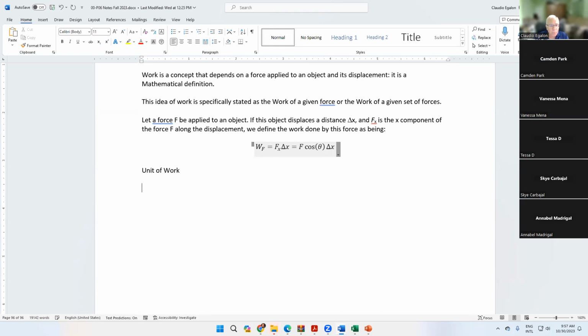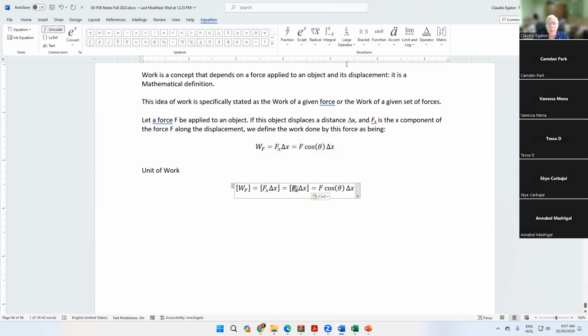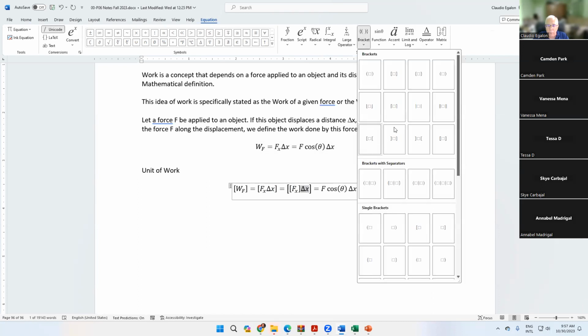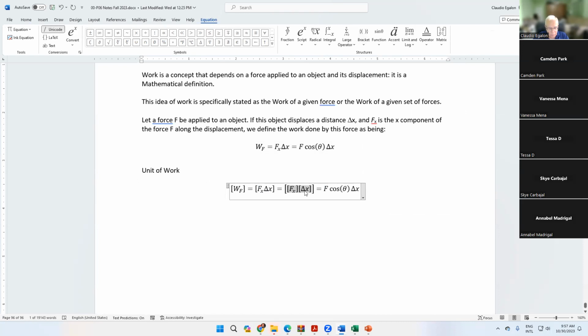Unit of work. The unit of work is represented by this square bracket, and it is the unit of force times the unit of distance, or the unit of displacement.